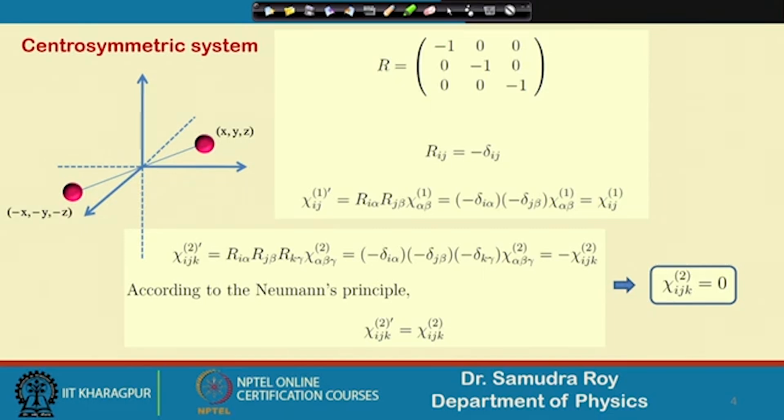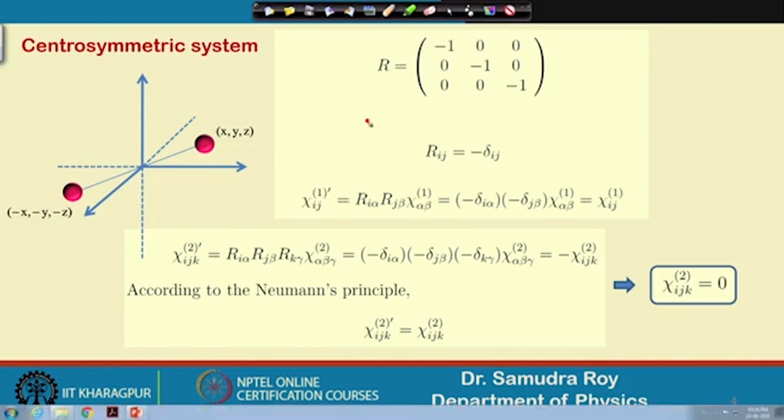Let me remind you how this rule works. If R is given like this, then R i j is nothing but a delta function, because only the diagonal elements are there with a negative sign.